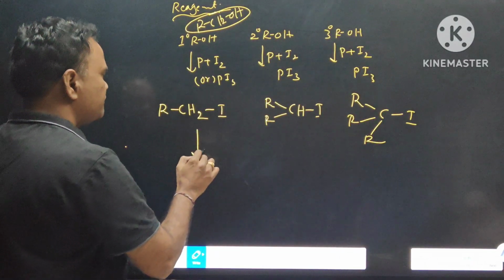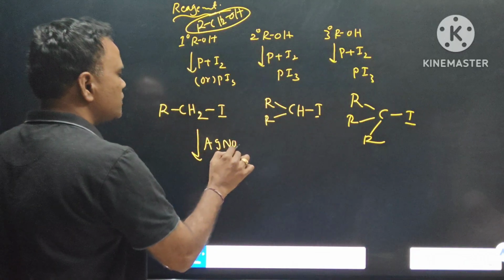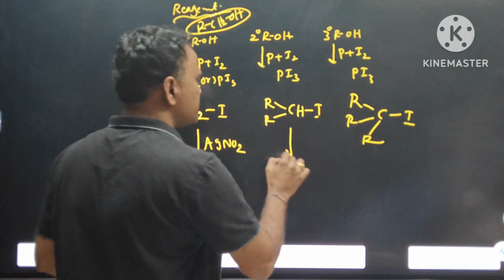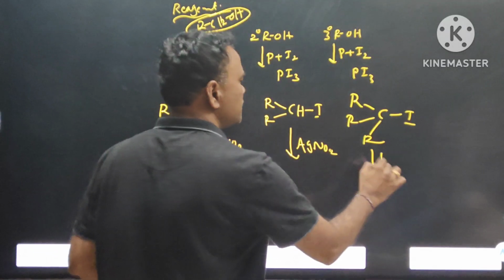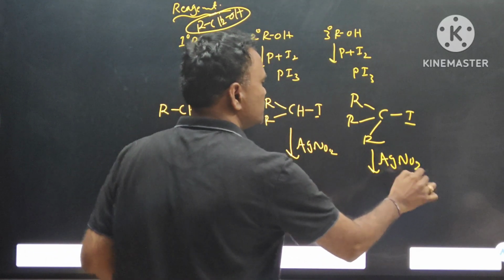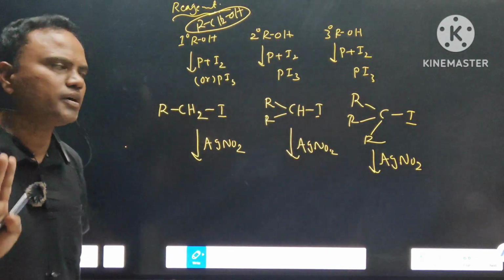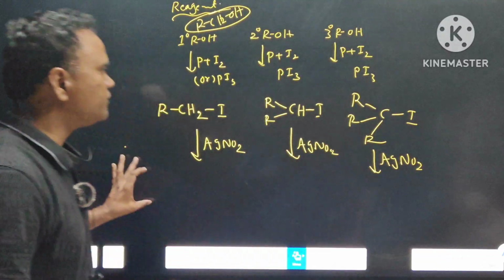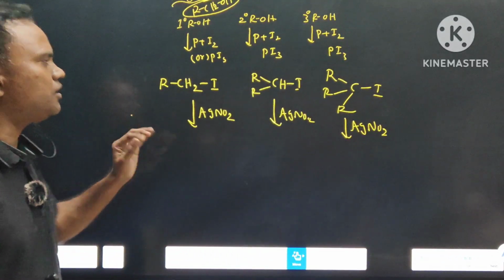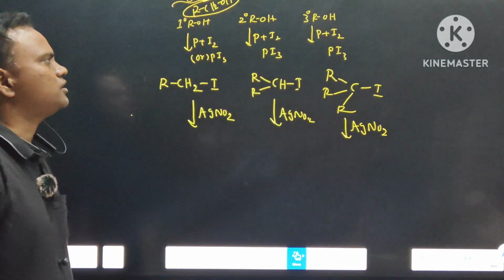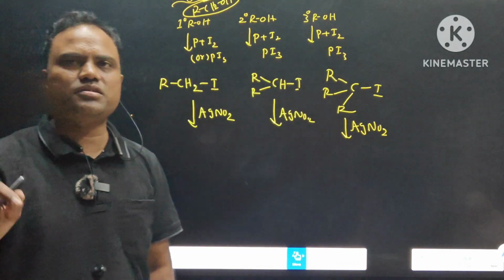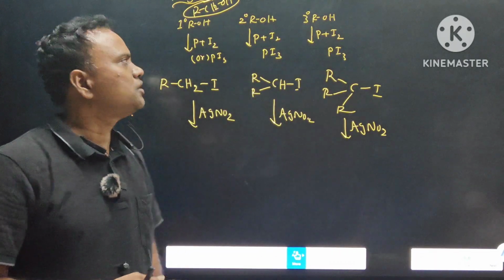Next, AgNO2. Here also, the secondary reagent of Victor Meyer is AgNO2. This is just for an idea only. Don't worry about this set of reagents. You need not learn any single reagent; by seeing you can identify easily.